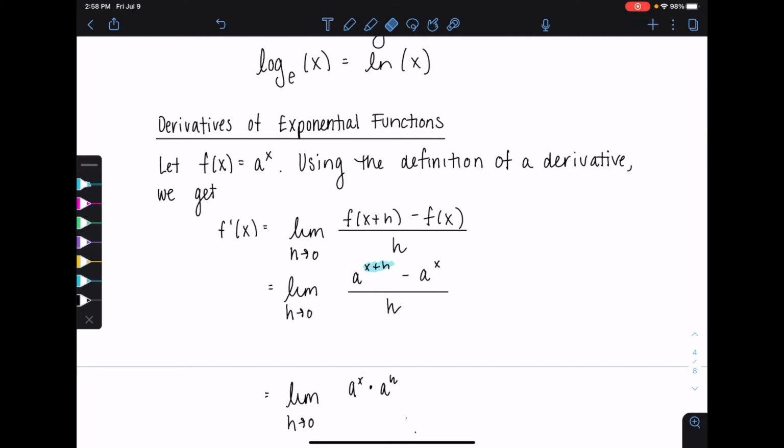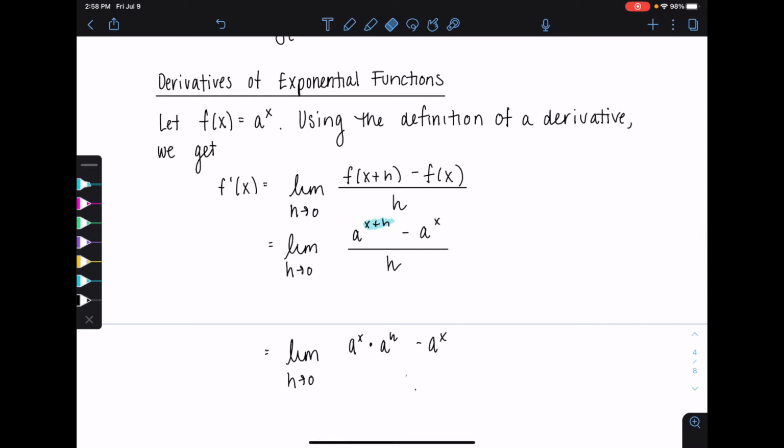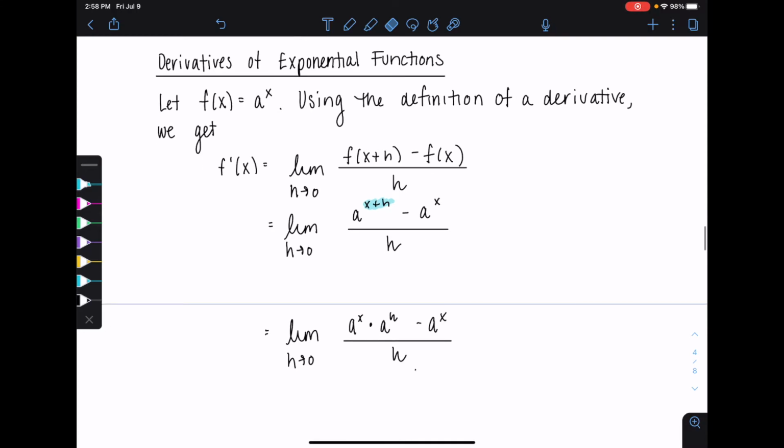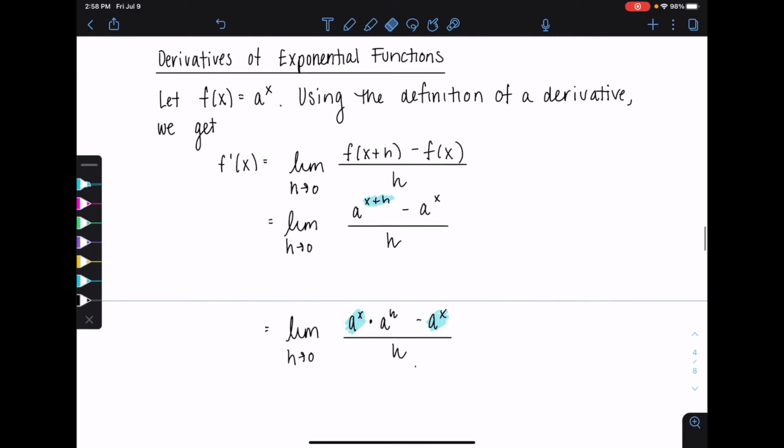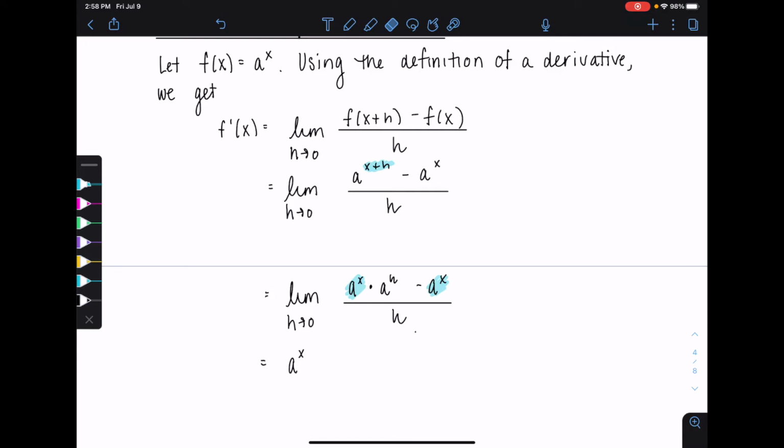A to the x plus h, you can write as a to the x times a to the h, minus a to the x, divided by h. Now, both of these pieces have an a to the x in common, and that has nothing to do with this limit, so I can pop that out front. So I get a to the x, and what's left over then is the limit as h goes to 0 of a to the h minus 1 divided by h.